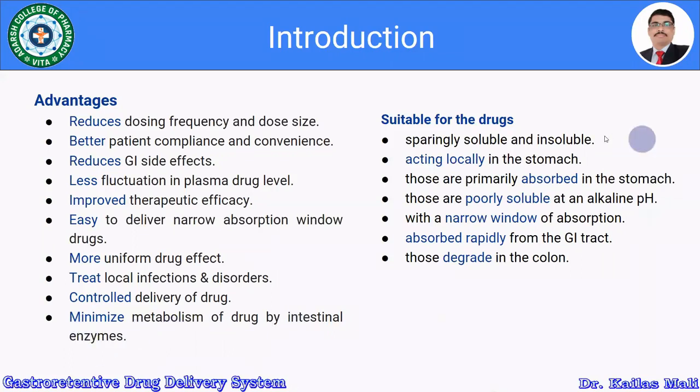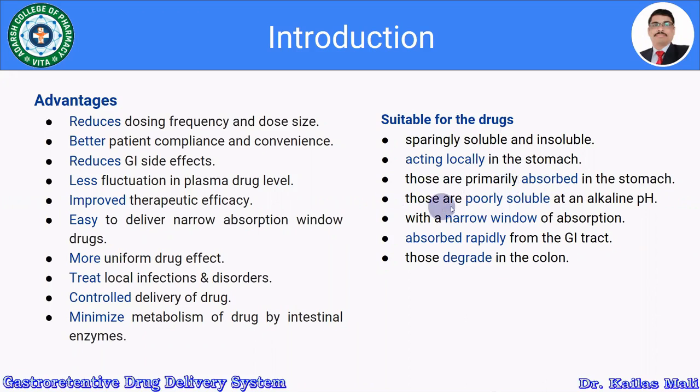There are certain advantages which are related to the drug, as this drug delivery system is suitable for sparingly soluble and insoluble drugs. Then the drugs which act locally in the stomach, the drugs that are primarily absorbed in the stomach, that is, a drug which is well absorbed in the stomach.